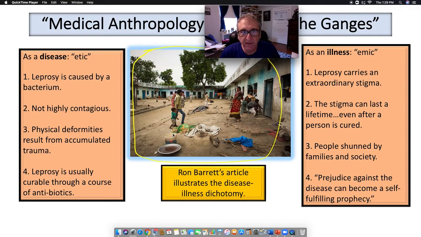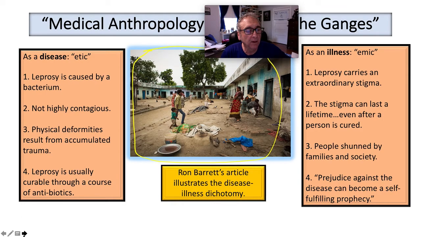leprosy as a disease. So what are the objective qualities of leprosy? What do we know about it? Well, we know that leprosy is caused by a bacterium. We also know that it is not highly contagious.